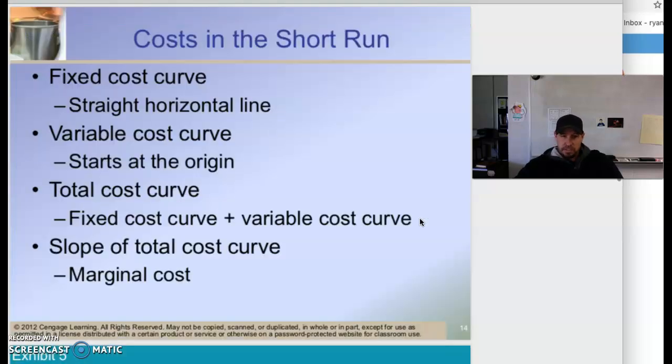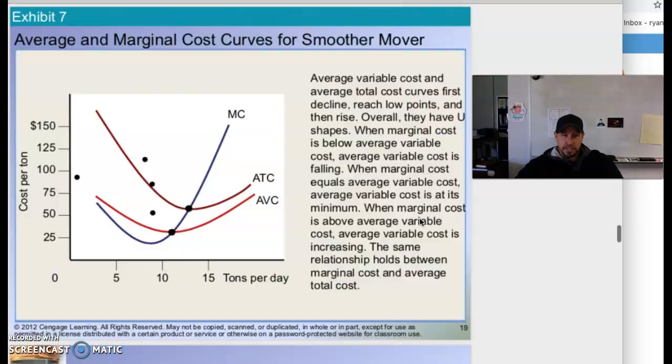I'll skip ahead a little bit. This marginal cost curve is always going to be a U-shaped curve, and you can tell right away just from the shape of it. Here we have increasing marginal returns of labor, so diminishing marginal cost.